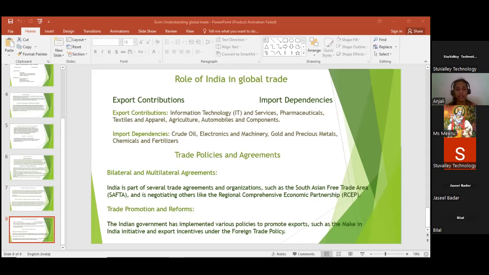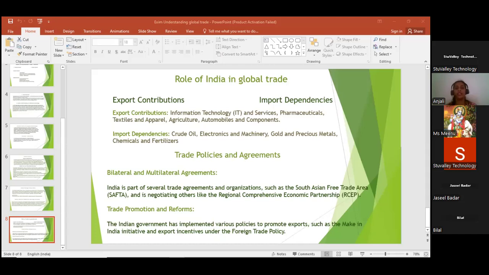And then comes agriculture. As you know, India exports agriculture products worldwide, for example rice, spices, tea, coffee, seafood, etc. Then comes automobile components, which include cars, motorcycles, and auto parts, which are significant to the export sectors in India.